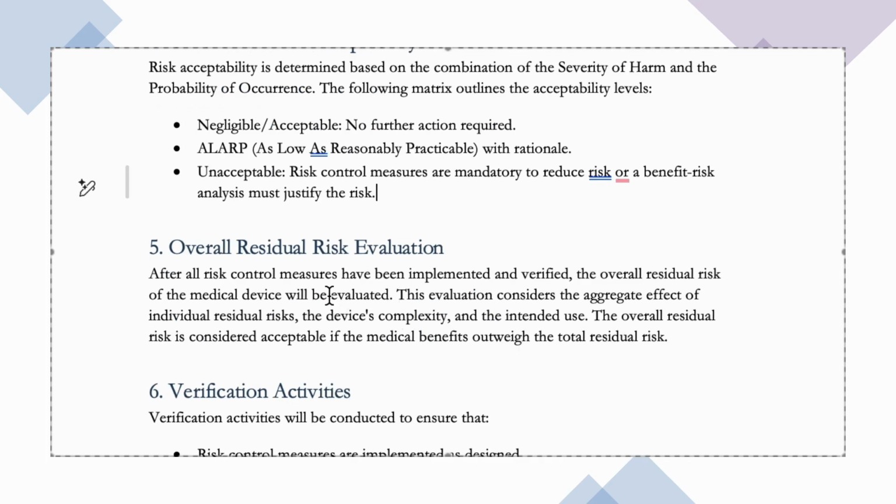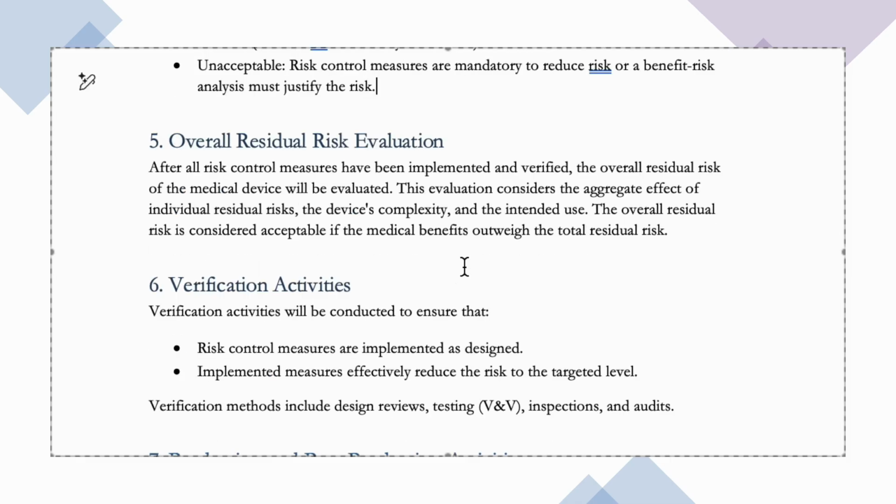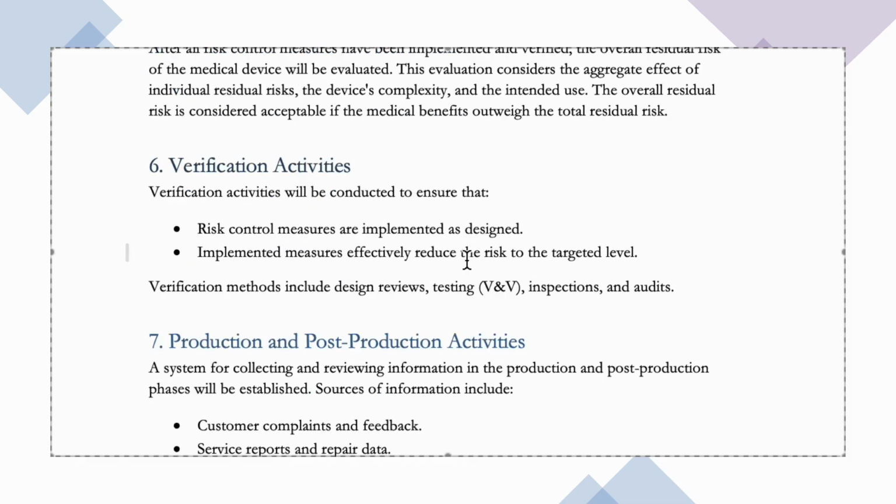Overall residual risk evaluation: any remaining risk that needs to be evaluated for benefit risk analysis. Any risk control measures that we have implemented need to be verified. All controls need to be verified for their effectiveness. So, effectiveness verification.